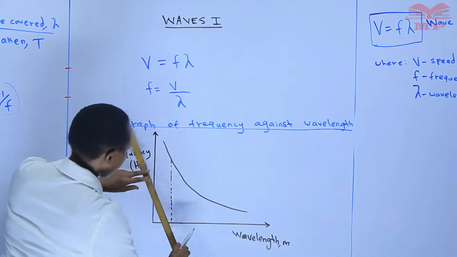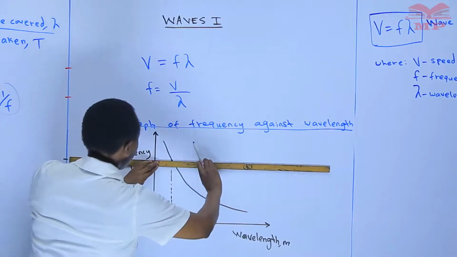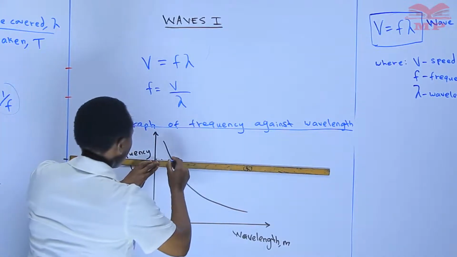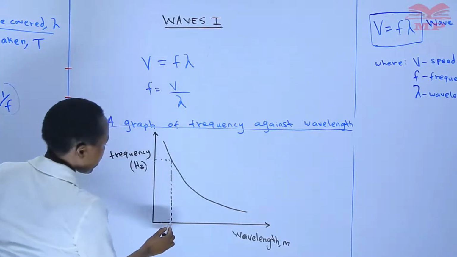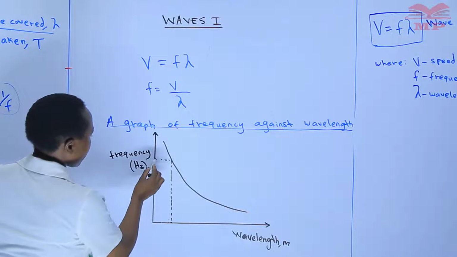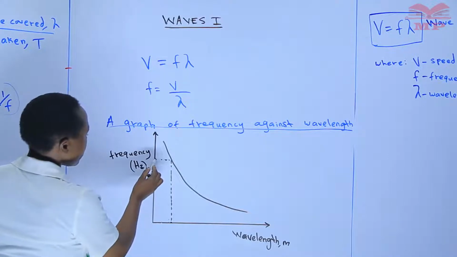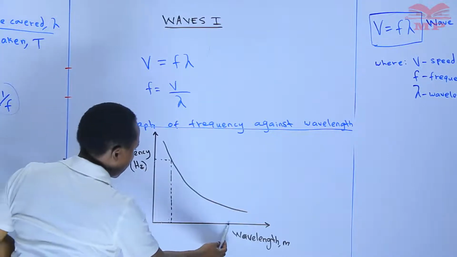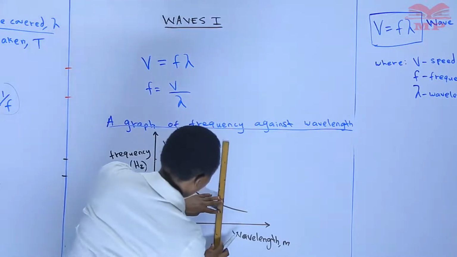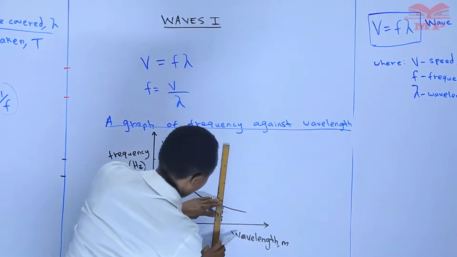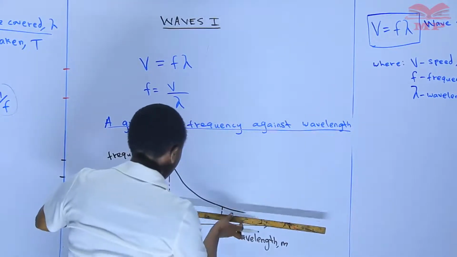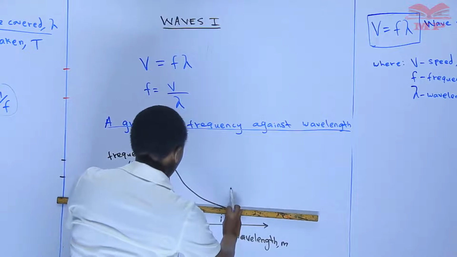You can see what's happening as the wavelength increases. When the wavelength is at this point here, you can observe how the frequency is. And as the wavelength increases, if we check at this point here, what happens to the frequency?